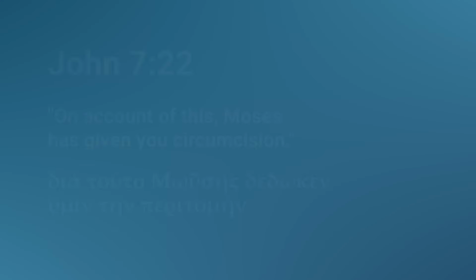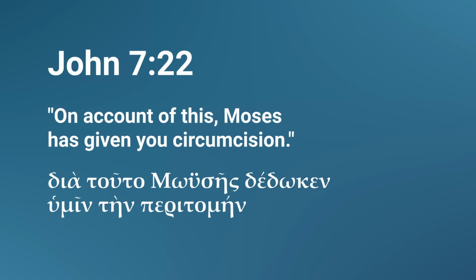John 7:22 is another example, which says, "Dia touto Moses dedoken humin ten peritomen." On account of this, Moses has given you circumcision. This is probably a result perfect, though it could also be existential.